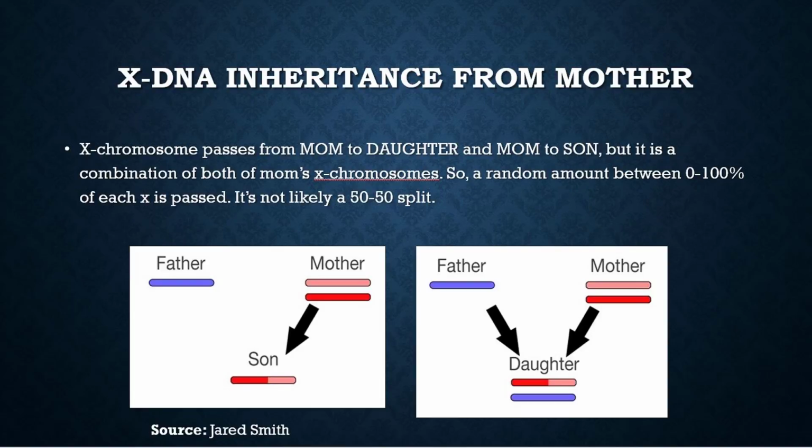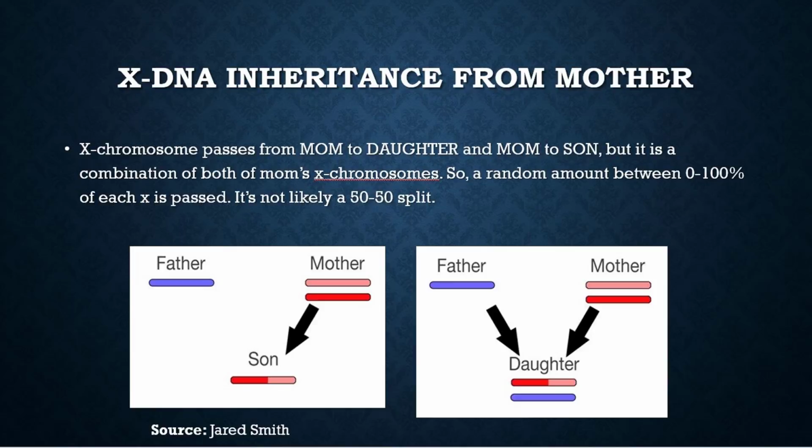If you want to talk about how you inherit your X-DNA from your mother, think about it this way. A father, having a son, is not contributing any X-DNA at all. So the son is just getting either one, the other, or a combination from mom. The daughter gets the father's X-DNA intact, and either one, the other, or a mixture of X from her mother.